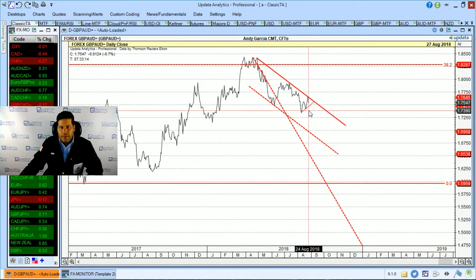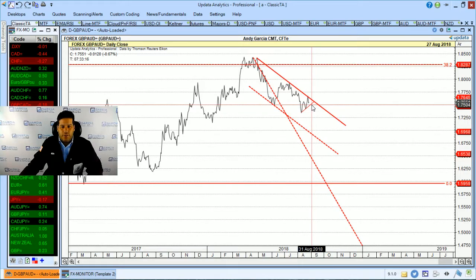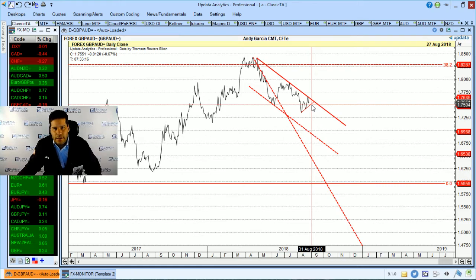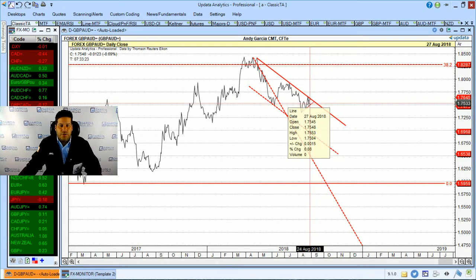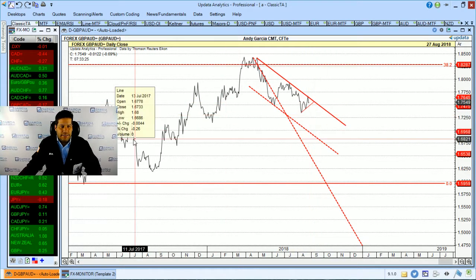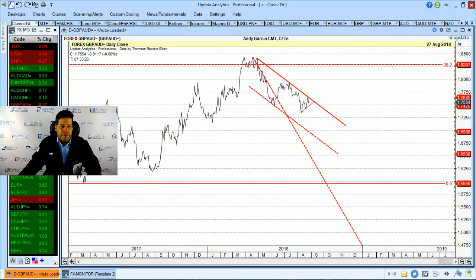The expectation is that the market breaks down below this trend line, and that will bring in some more selling. That'll give you an opportunity to get short if you're not already short. That'll be another confirming factor for you.